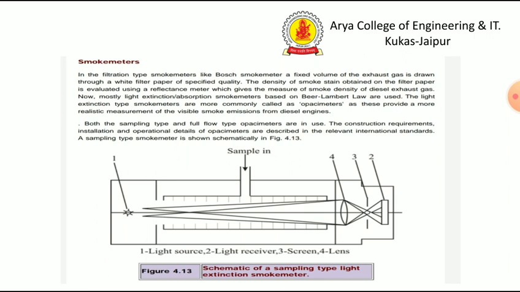An incandescent lamp with a color temperature in the range of 2800 Kelvin to 3250 Kelvin, or a green light emitting diode with a spectral peak between 550 nm to 570 nm, is used as the light source.